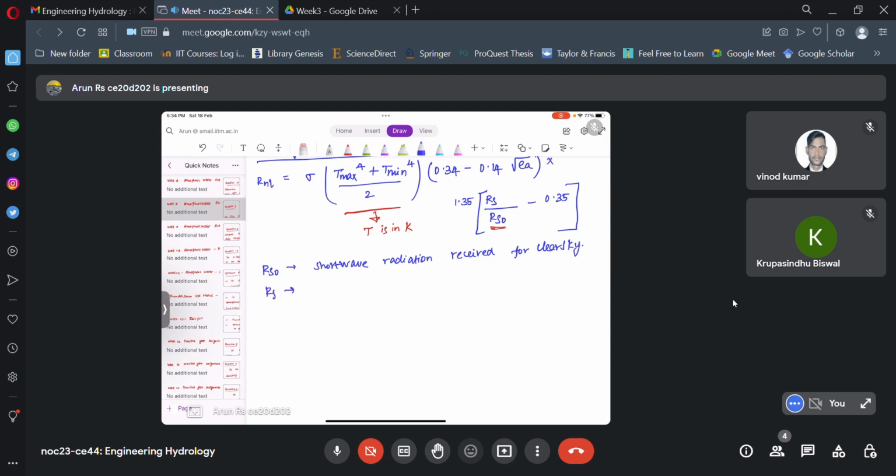RS is shortwave radiation received accounting for cloud cover.